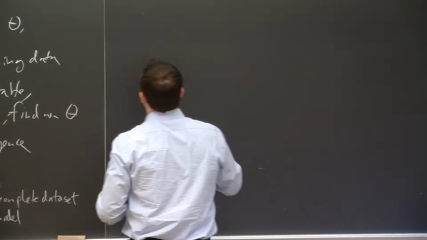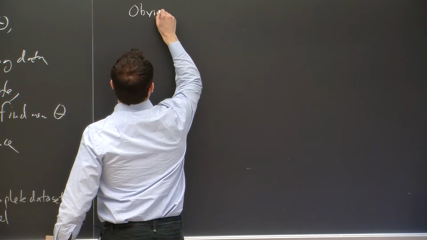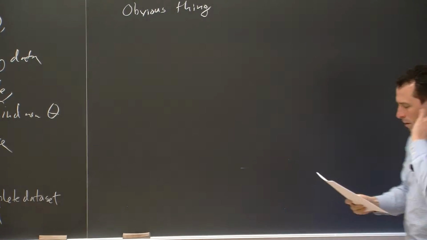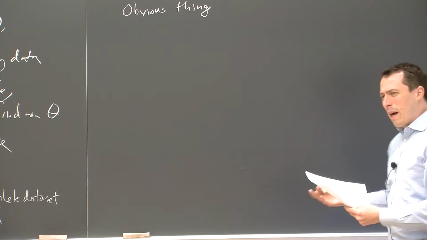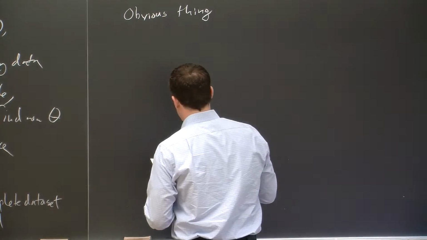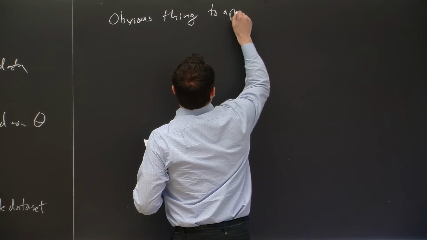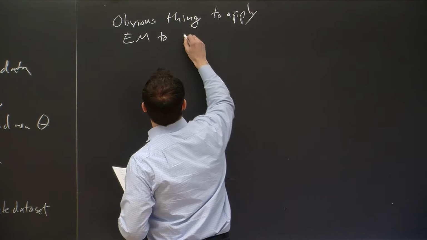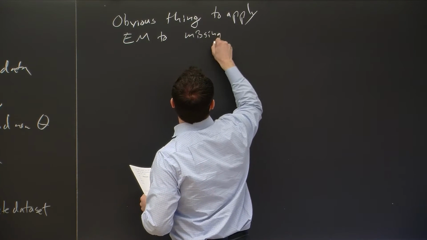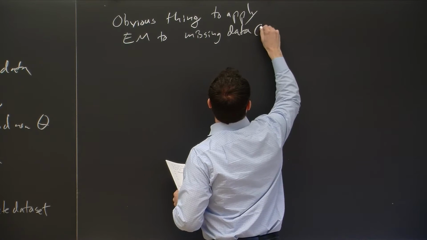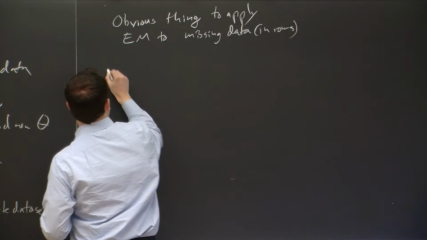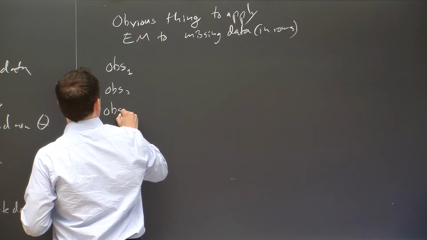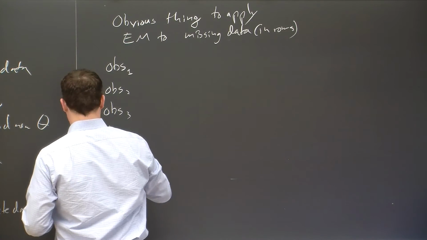So one thing we can do, I'm going to say what an obvious thing to do is, and then we'll talk a little bit about when that might make sense, sort of backwards. The obvious thing to do to apply EM to missing data in the sense of rows, that is, we have observation 1, observation 2, observation 3, observation 4, and so on.